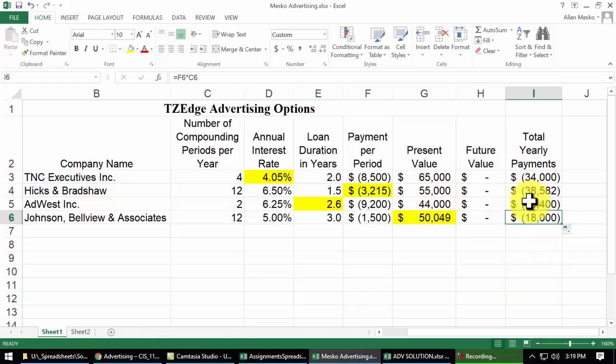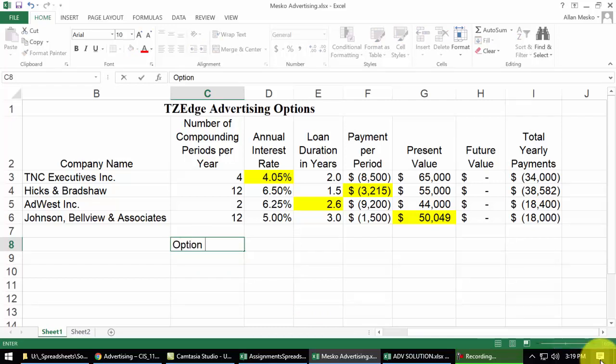That doesn't mean it's the least dollars out the door, but that's what they asked for. So we're supposed to type a little comment. I'm going to say option 4 would minimize the yearly outlay. And they want us to highlight that in pink.